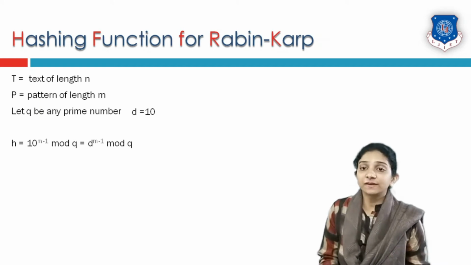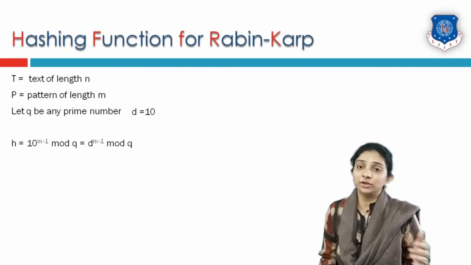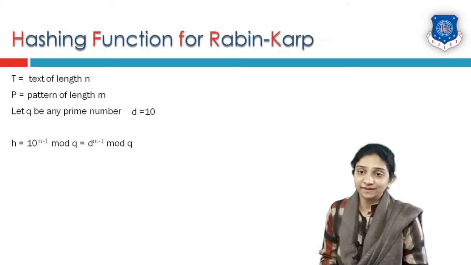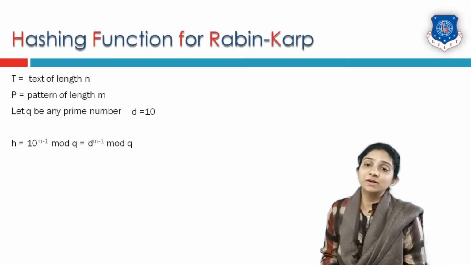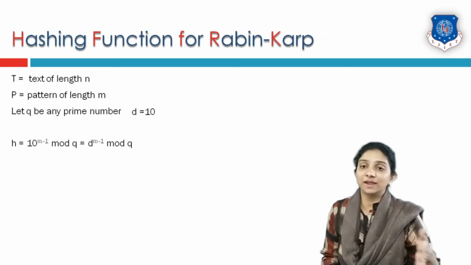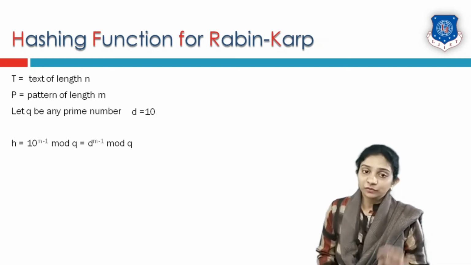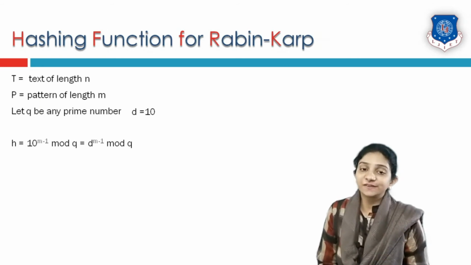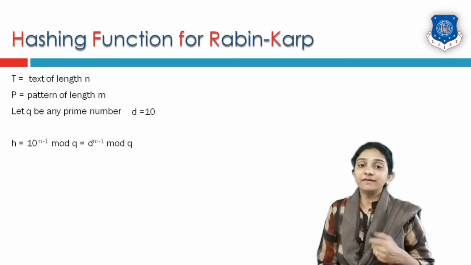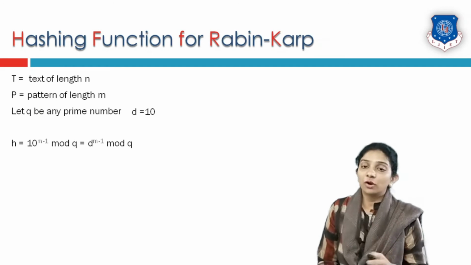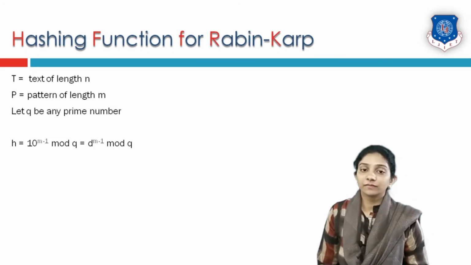So if the text contains 10 symbols from A to J, then we use D as 10. But if the set of symbols is only 2, say A and B, then D is equal to 2. So H is calculated as 10 raised to m minus 1, or D raised to m minus 1, mod Q. That is the formula of the Rabin-Karp hashing function.